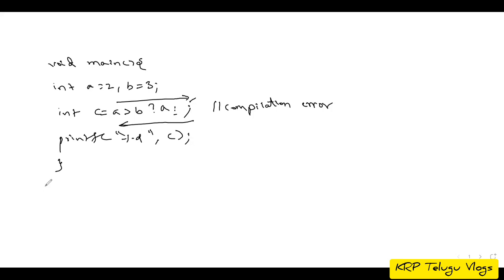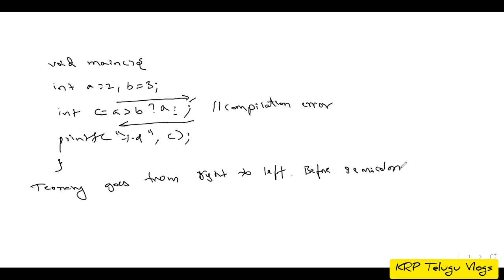So I will just write the statement. Ternary goes from right to left. Associativity is right to left. Before the semicolon, the compiler always expects a value or a variable.